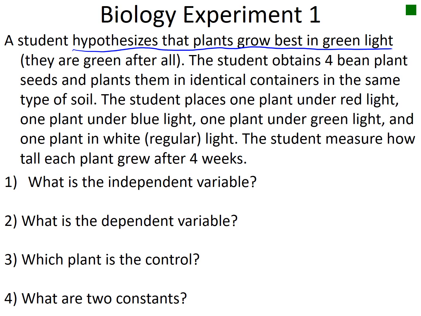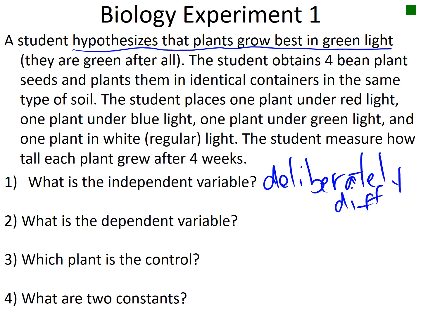What is the independent variable? The independent variable is what was deliberately different. So what was deliberately different in this scenario was the color of light. All right, the next question, what is the dependent variable?